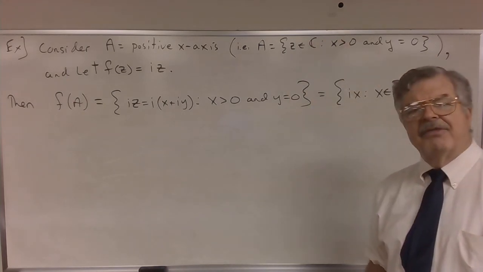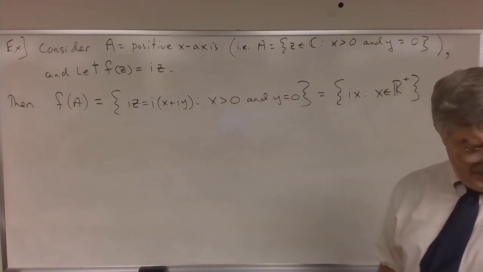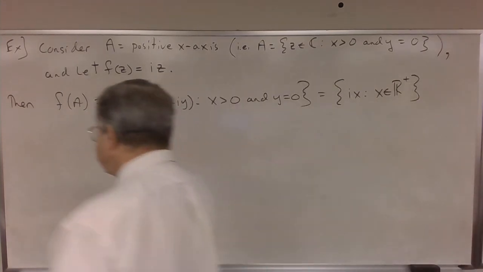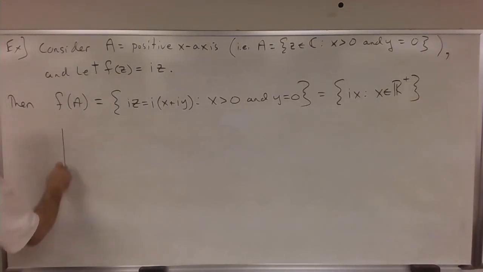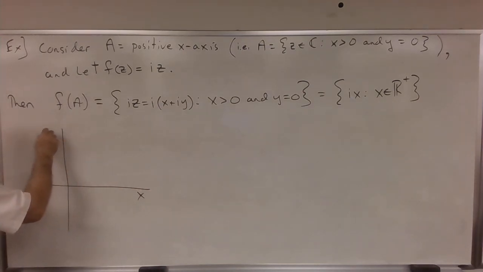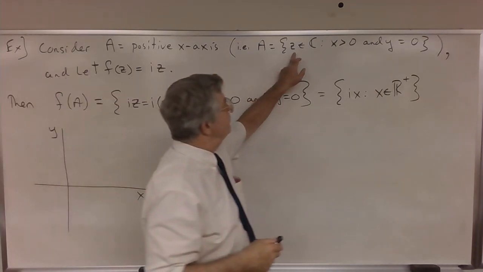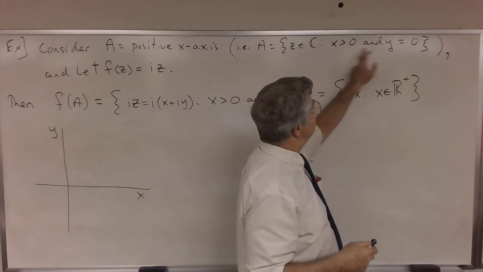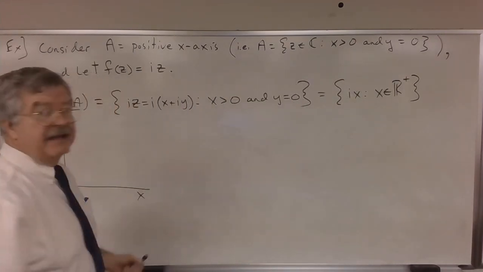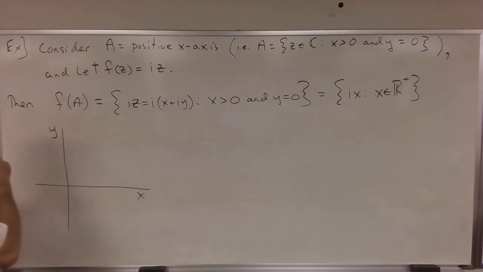And let's draw the region A and draw its image f of A. So here's the xy plane. And we said A was the set of all complex numbers z such that x is positive and y is 0. So that's the positive x-axis.